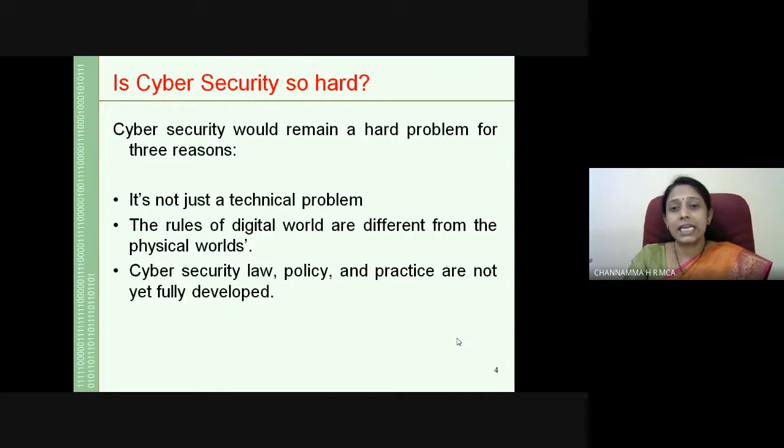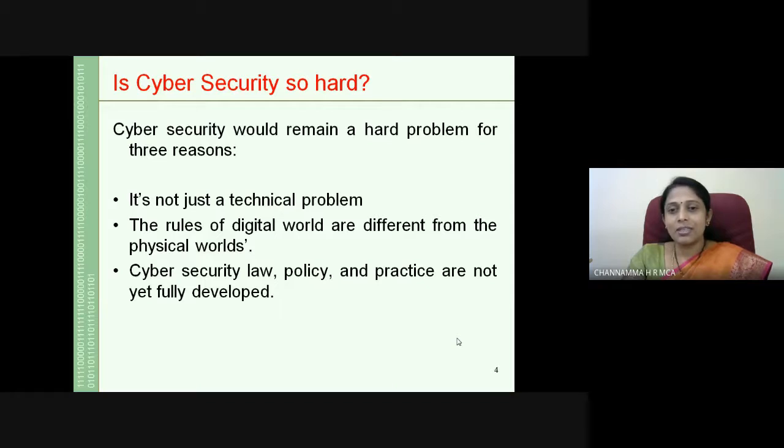Data will not recognize national borders or any borders, and distance is not at all a matter here. Time, distance and boundary will not have any restriction here.